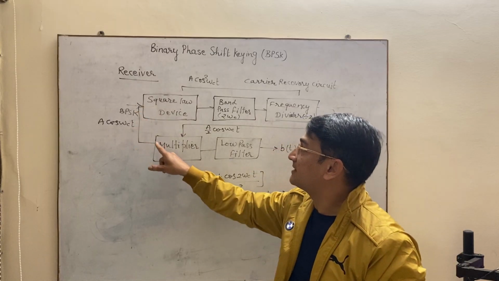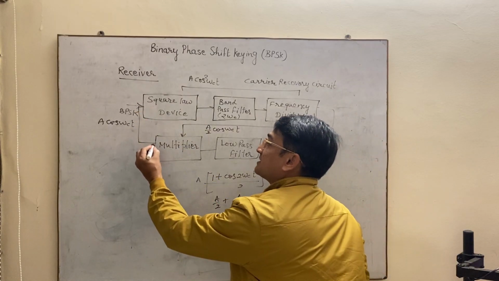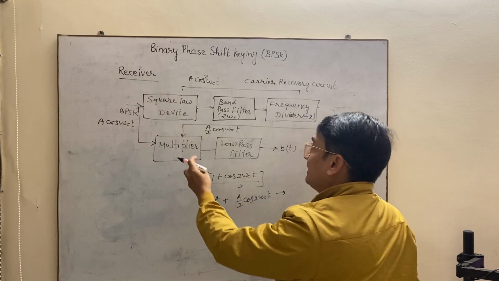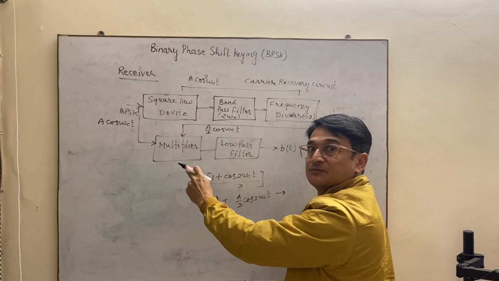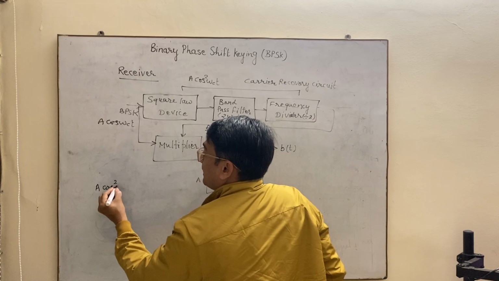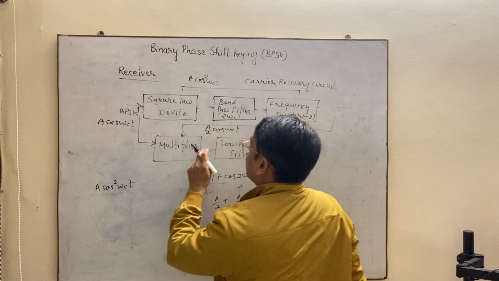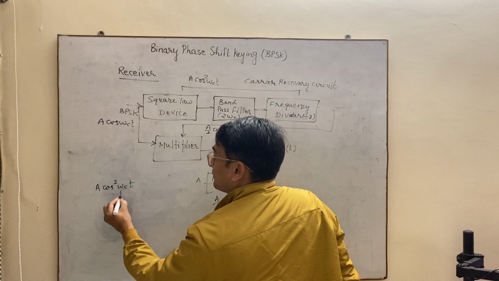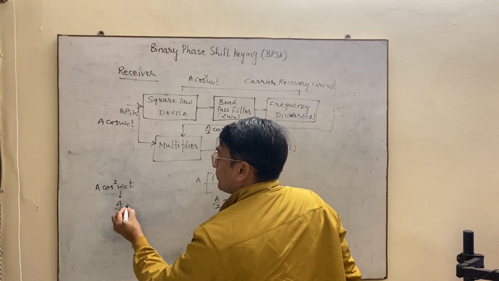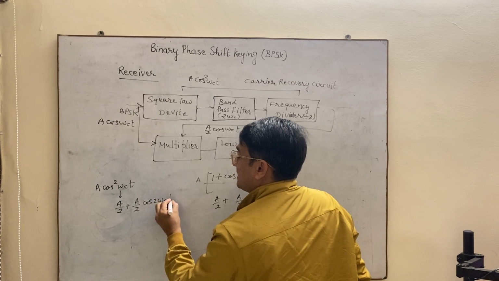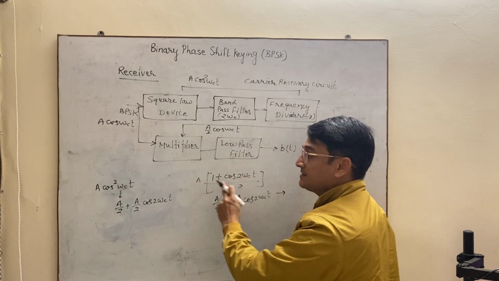Then the modulated BPSK signal is given to this multiplier. The signal is A cos omega ct, and the recovered A cos omega ct comes from here itself. So it will be A cos square omega ct, which is passed through the low pass filter. Again, A cos square omega ct can be written as A by 2 plus A by 2 cos 2 omega ct, same way as before.